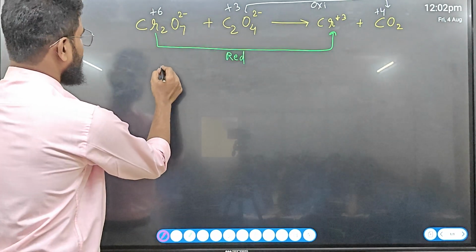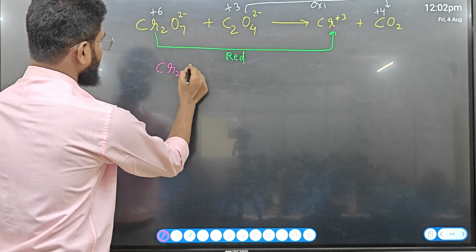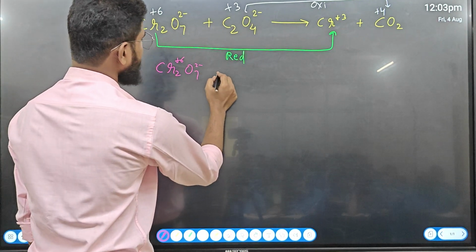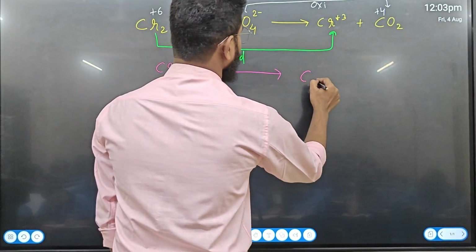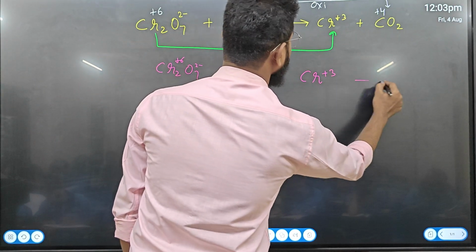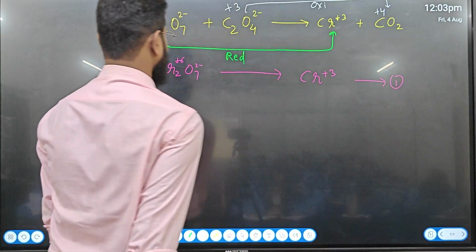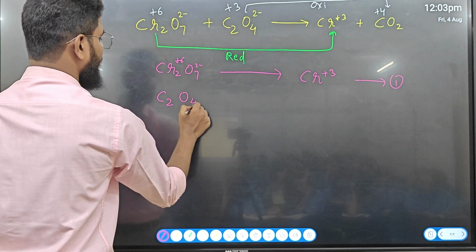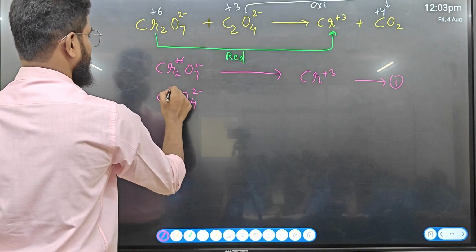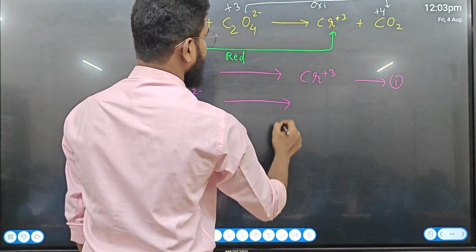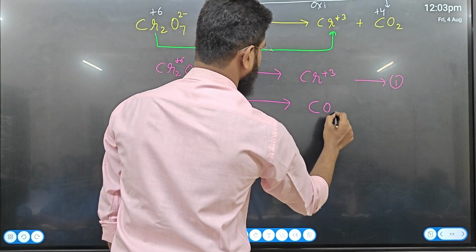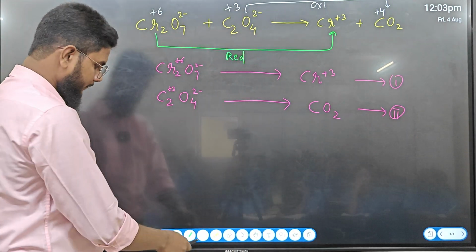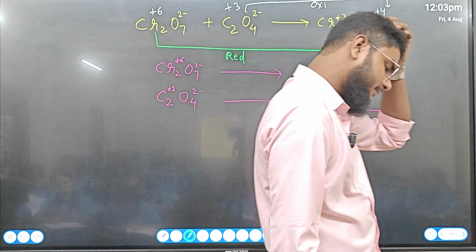So Cr2O7 having plus 6 is going to Cr plus 3. Let's suppose this is your equation 1. And another one is C2O4 2 minus, plus 3, going to CO2. Equation 2.